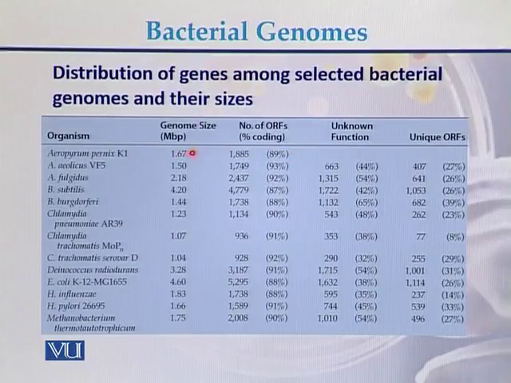So in the first example, the genome is 1.67 megabase pairs and the number of ORFs, meaning the coding DNA sequences, is approximately 1,885, which becomes 89% of the genome. The same holds for other strains of bacteria.